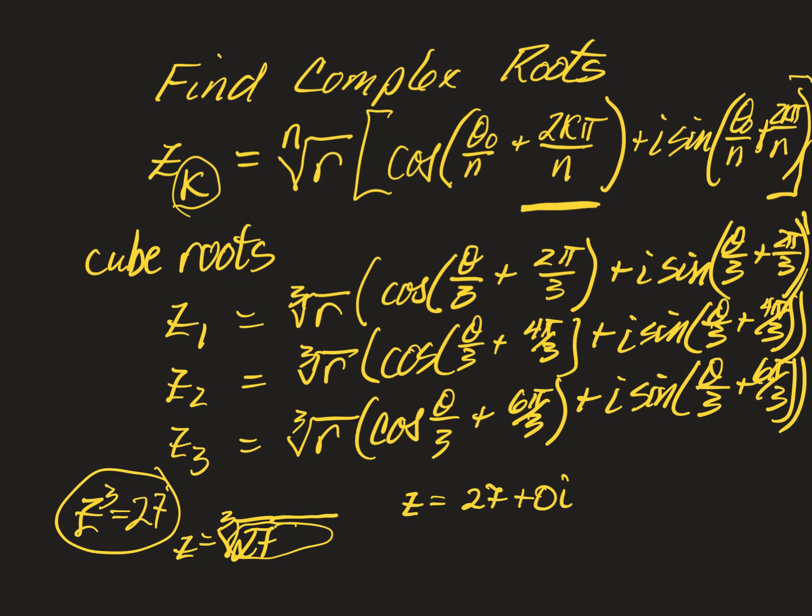The r is going to be the square root of 27 squared plus 0 squared, which is just 27.